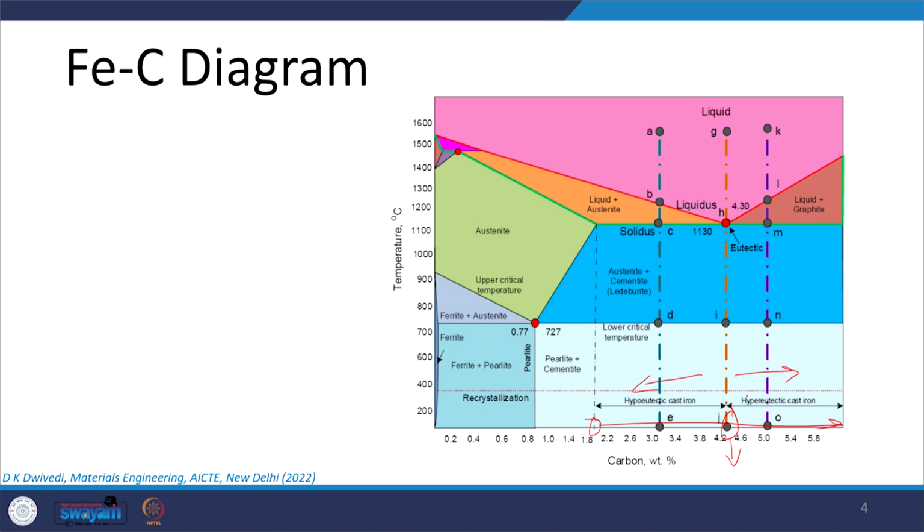What it suggests is that the cast irons will primarily have ferrite or pearlite coupled with Fe3C as per the iron carbon diagram, but depending upon the cooling conditions, the form in which carbon is present and the kind of compounds being formed can vary significantly. This is the only purpose of showing the iron carbon diagram.